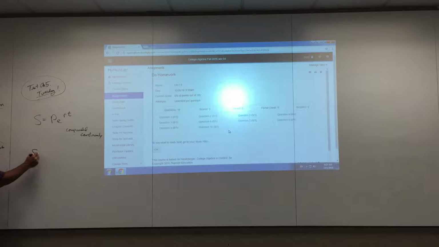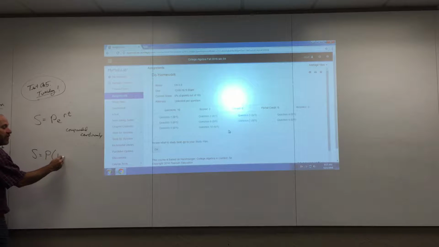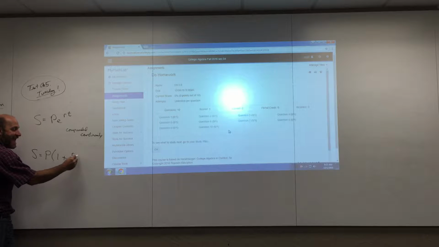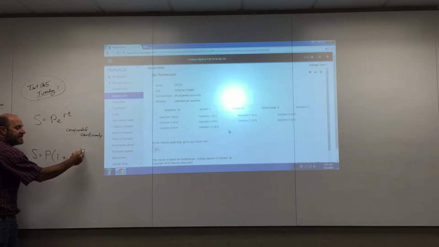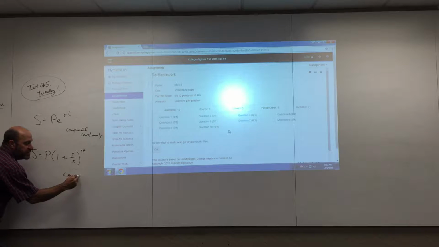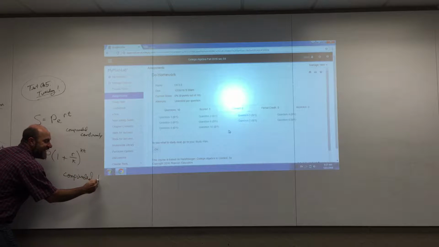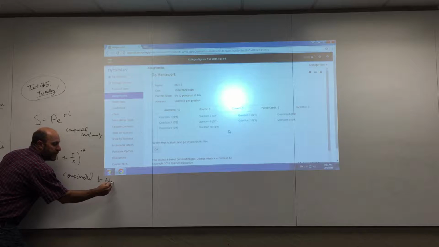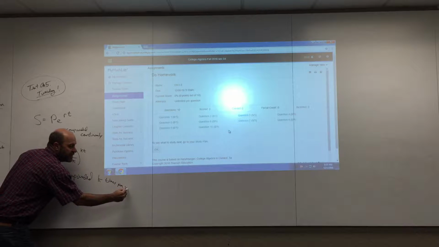And then the new formula, that was in 5.5 quite a bit, is when it's compounded a certain number of times a year. So there's the interest rate, you divide by k, and you raise it to the k times t. And k is the number of times per year the interest is compounded. We practiced this a little the other day.